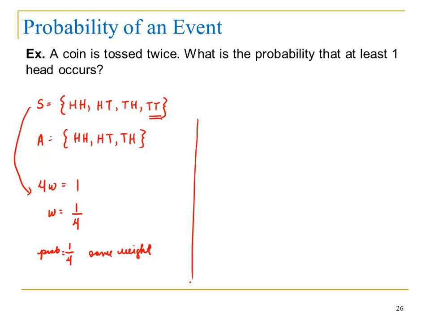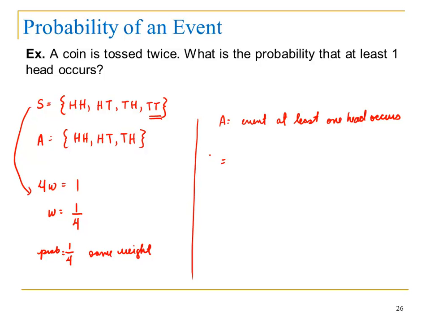So now using A, A again is the event at least one head occurs. Then what will be that probability? 3/4, correct, 0.75. Why is that?